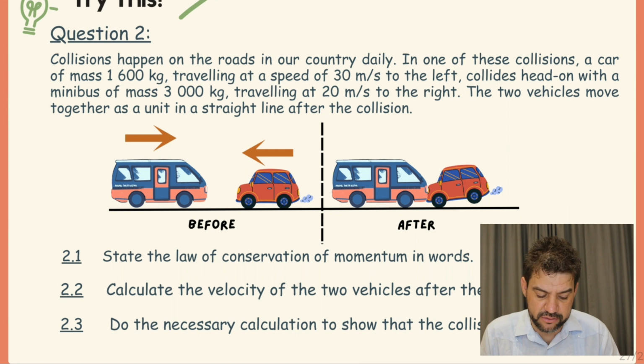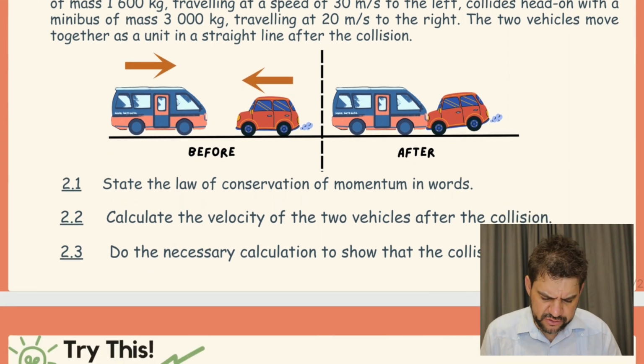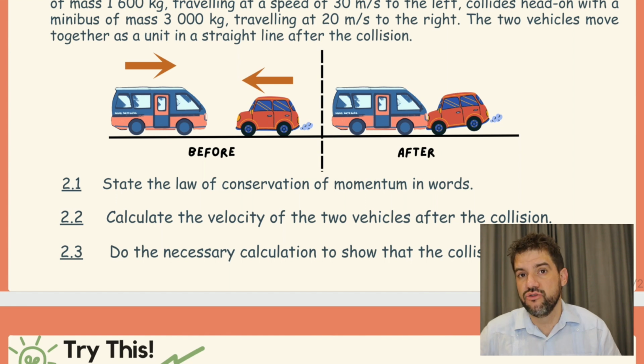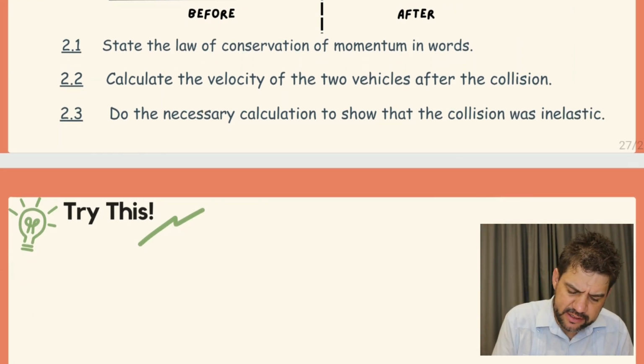The two vehicles move together as a unit in a straight line after the collision. Now, there is the picture, and the question says, state the law of conservation of momentum in words. Calculate the velocity of the two vehicles after the collision and identify the type of collision, showing calculation. This is going to be the end of the video when we finish this question.